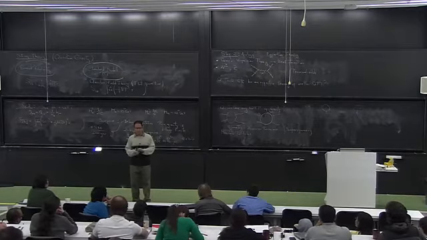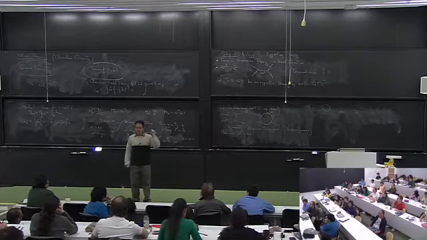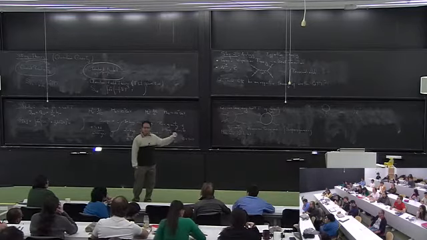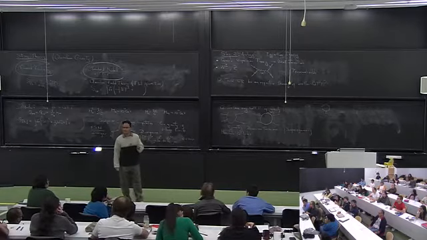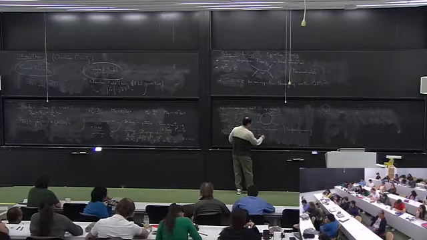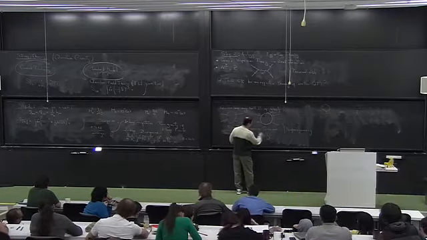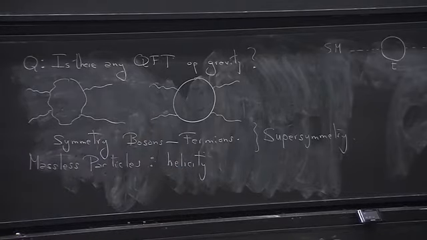What is a little group in 4 dimensions? Yes. And what is the number that we can use to classify our massless particles? It's called helicity. Do you remember?